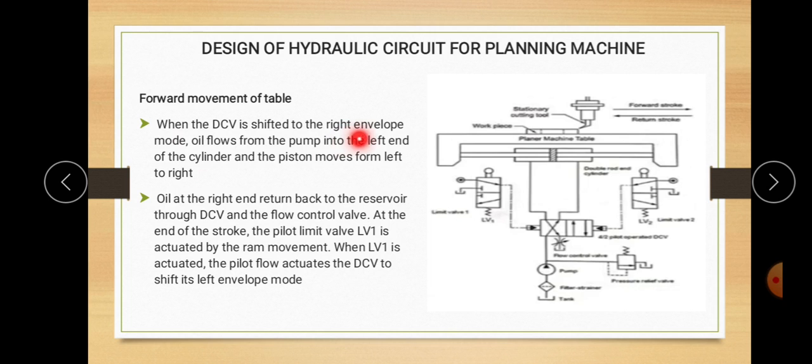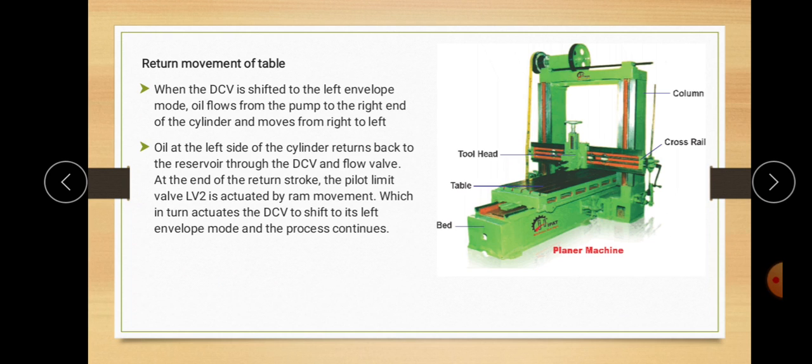When the DC valve is shifted to the right envelope mode, oil flows from the pump into the left end of the cylinder and the piston moves from left to right. In a return stroke, when the DC valve is shifted to the left envelope mode, oil flows into the right end of the cylinder and the piston moves right to left.